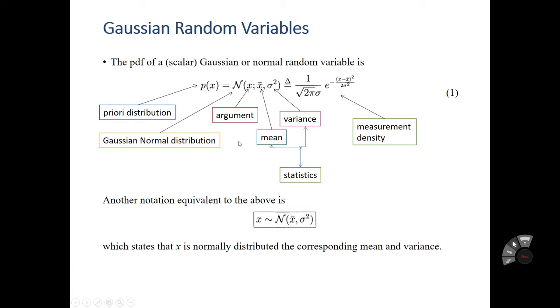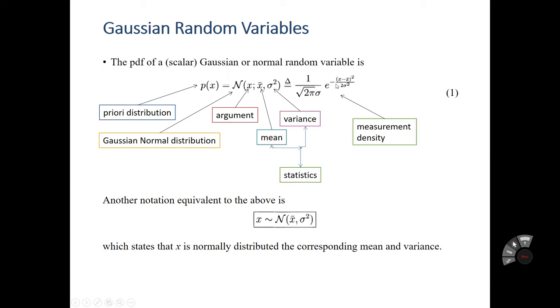Then we will apply the Bayes theorem to update this prior distribution and obtain a posteriori distribution. So this is obtained using the Bayes theorem. This is the formula for the prior distribution for any Gaussian random variable like x.